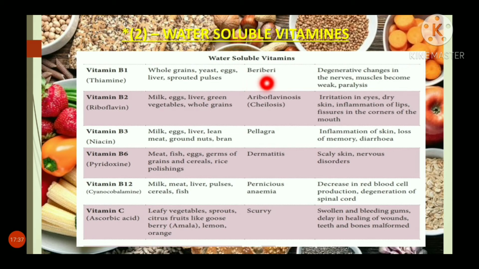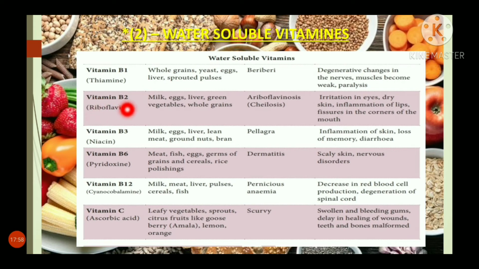What is the disease? Beriberi. What is this beriberi? The symptoms are degenerative change in the nerves, muscles become weak, paralysis. Your muscles will not work properly, your nerves will be very weak with the lack of vitamin B1.